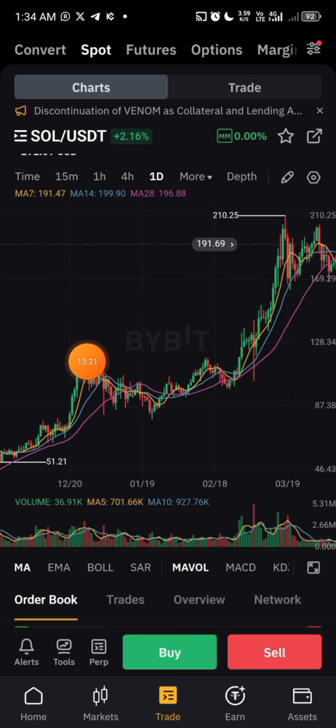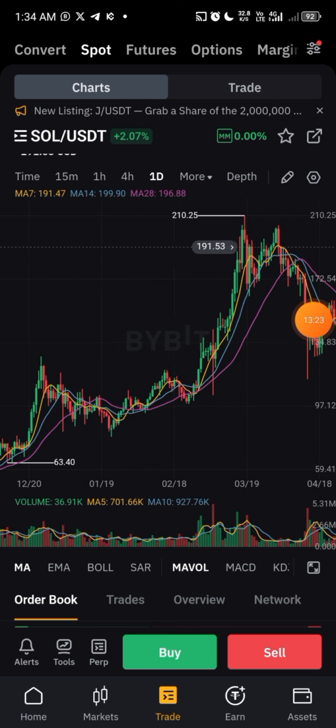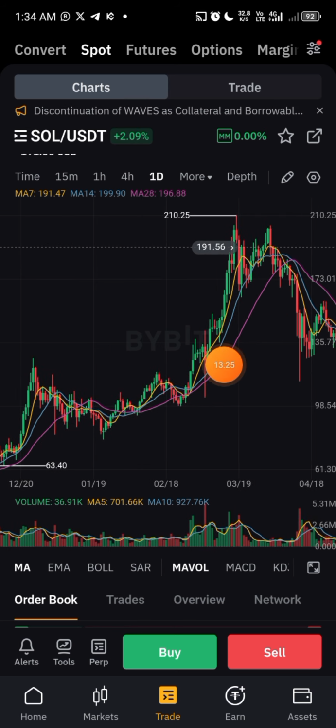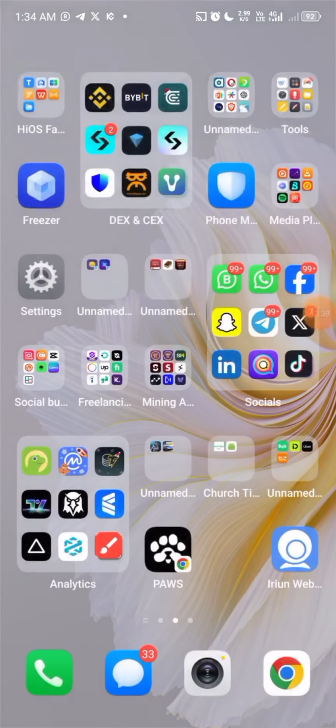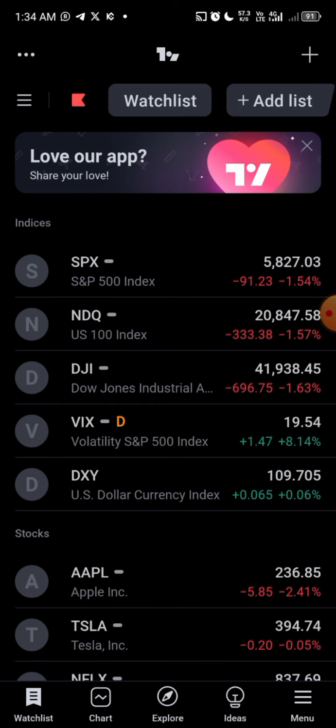So you see at this level, let's say here, this level is around 134. Now it moves up to this other level. Let me use Dex TradingView so that I will be able to draw lines, because with the lines it will be easier for you to see what I am saying. So this is TradingView.